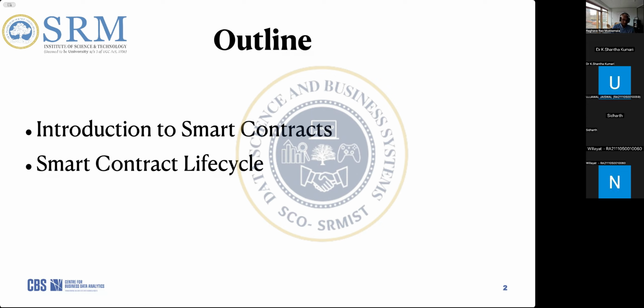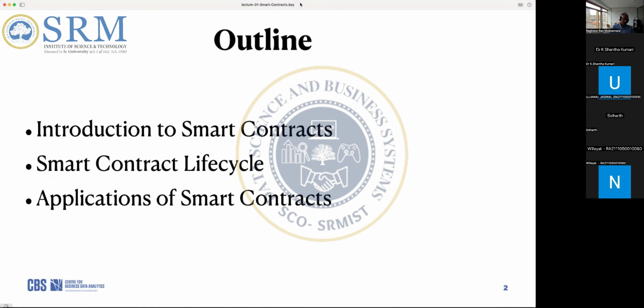Then we will talk about some of the basic characteristics of smart contracts, and then go through the smart contract life cycle: the different stages in creating a smart contract. And finally we will also see some of the applications of smart contracts.